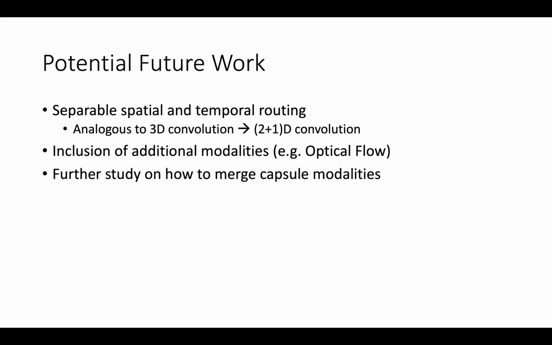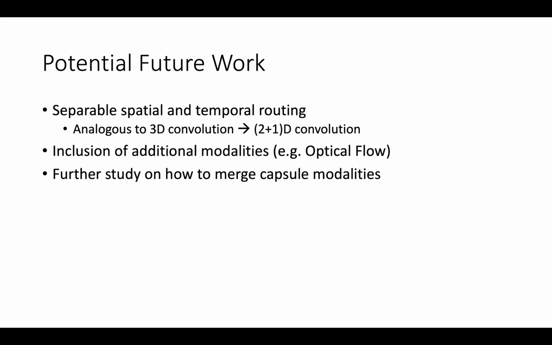Another question, which has still not been fully answered, is how to best merge capsules from different modalities. In our visual textual capsule routing paper, we merge the video and the text using our proposed visual textual routing.